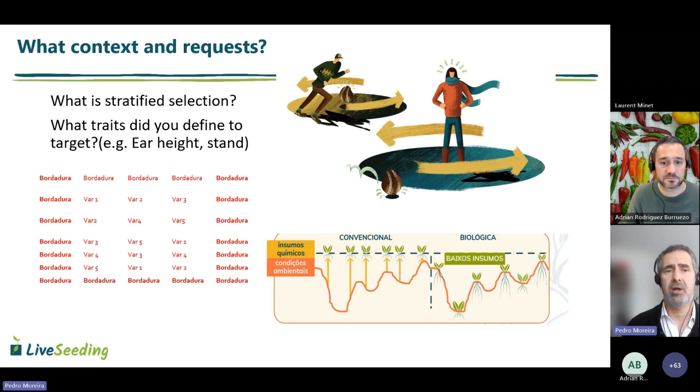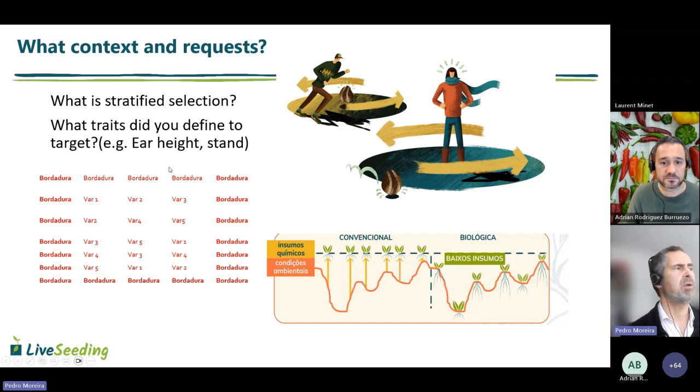But you cannot do it in one year. I increase the stand, the other year I decrease the stand. It doesn't work like that, because in terms of genes, you are doing the selection for a certain trait. And if you change very quickly, it will not be nice.